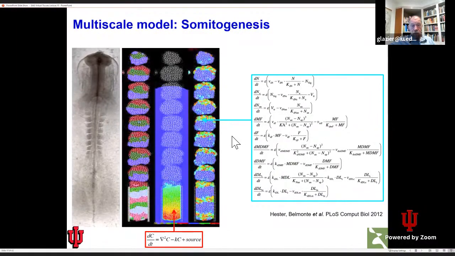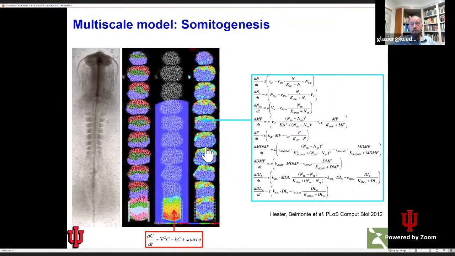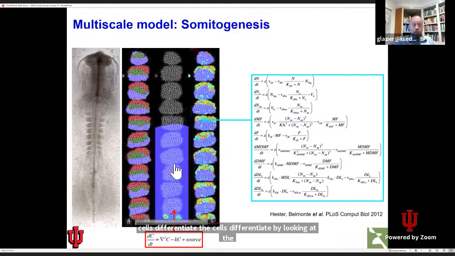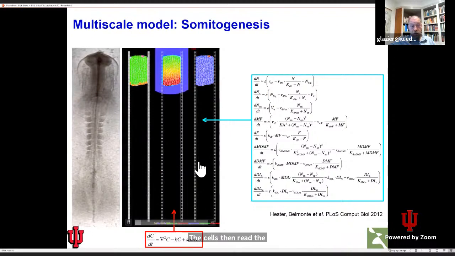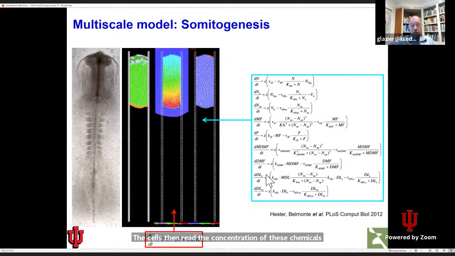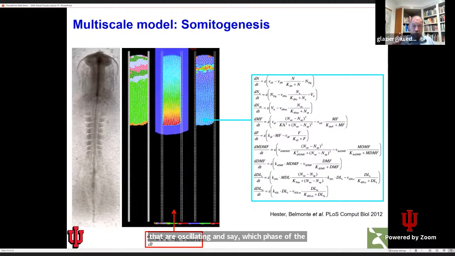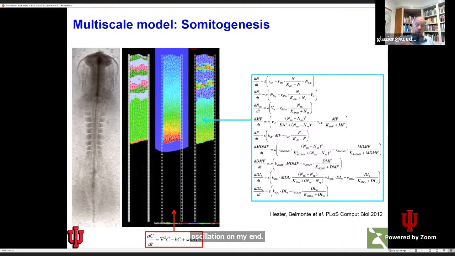Not shown in this model is how the cells differentiate. The cells differentiate by looking at the chemical concentration. When the chemical concentration goes below some threshold, the cells then read the concentration of these chemicals that are oscillating and say, which phase of the oscillation am I in? Am I in the period when one of these particular oscillations is increasing?